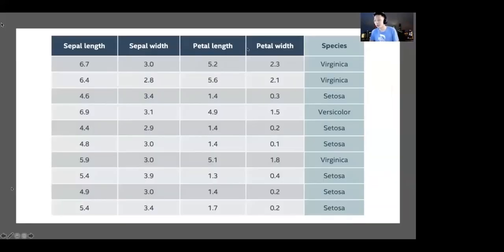So you have a petal and you have a sepal, and there's this information with which we can describe each flower. For example, this is a virginica flower that has a sepal length of 6.7, probably centimeters or inches, depending on what the scale is. Let's just say centimeters. It has a 6.7 centimeter sepal, and this sepal is also 3 centimeters wide. And then there's a petal length of 5.2 centimeters, and a petal width of 2.3 centimeters. And this is apparently a virginica flower.